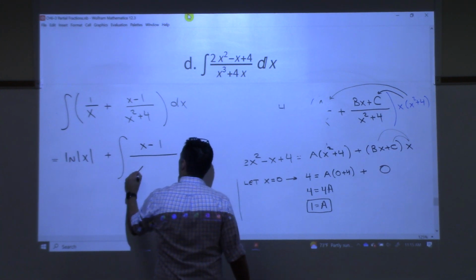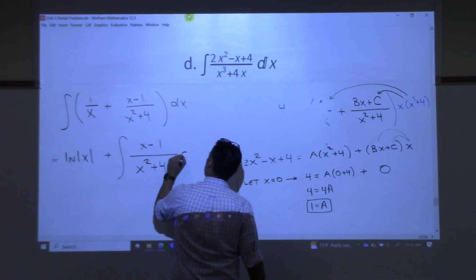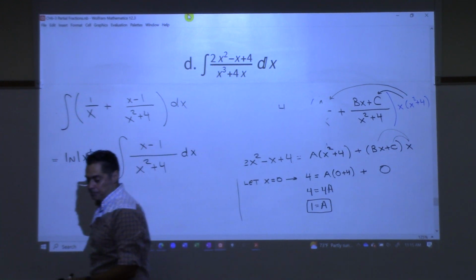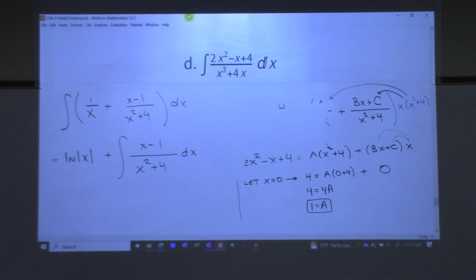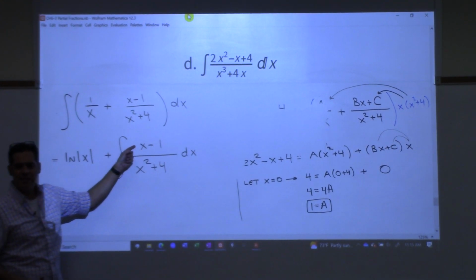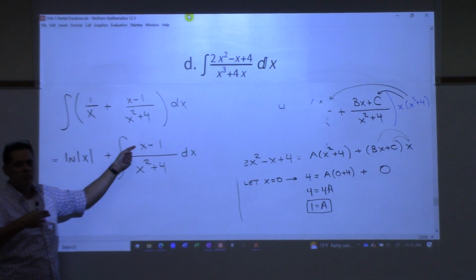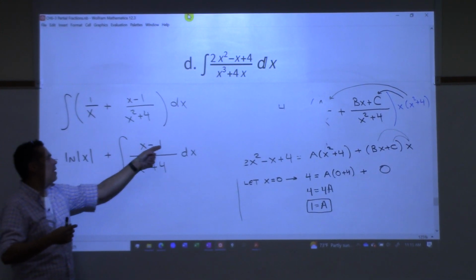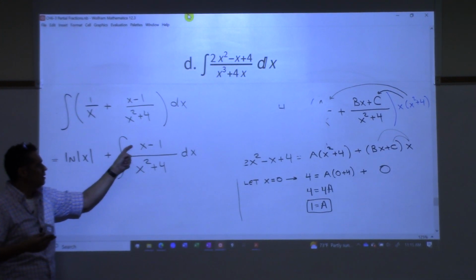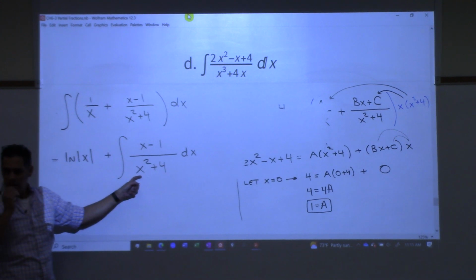And what are you looking at here? What do you see in this particular case? Isn't that the trig? You might be able to go trig sub here. But just look, what's up here? What is this? The derivative of the bottom. Okay, but what is it? It's polynomial, but what type of polynomial? Linear, and down here? Irreducible quadratic, right?